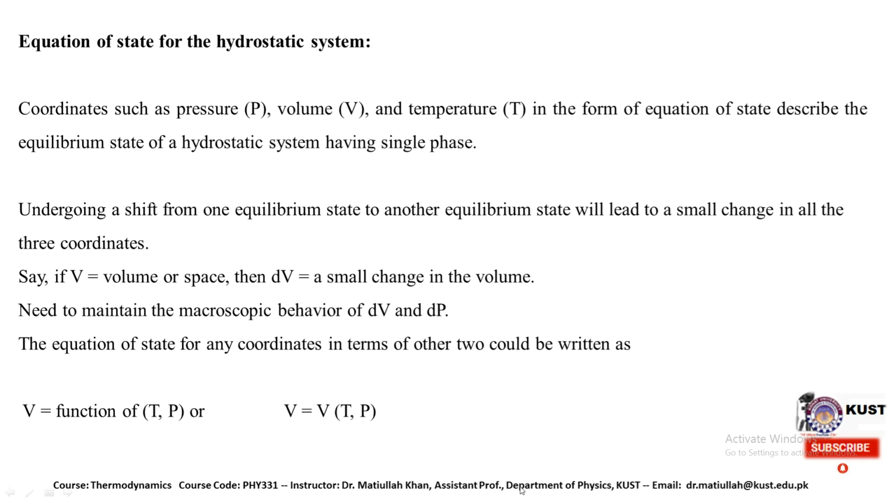In the same way, there will be some macroscopic behavior of dV and dP as well. If you want to write the equation of state, normally we know that two of these state variables are independent while the third one is dependent. So if you want to write volume as a function of temperature and pressure, it could be written as V equals V of T, P.